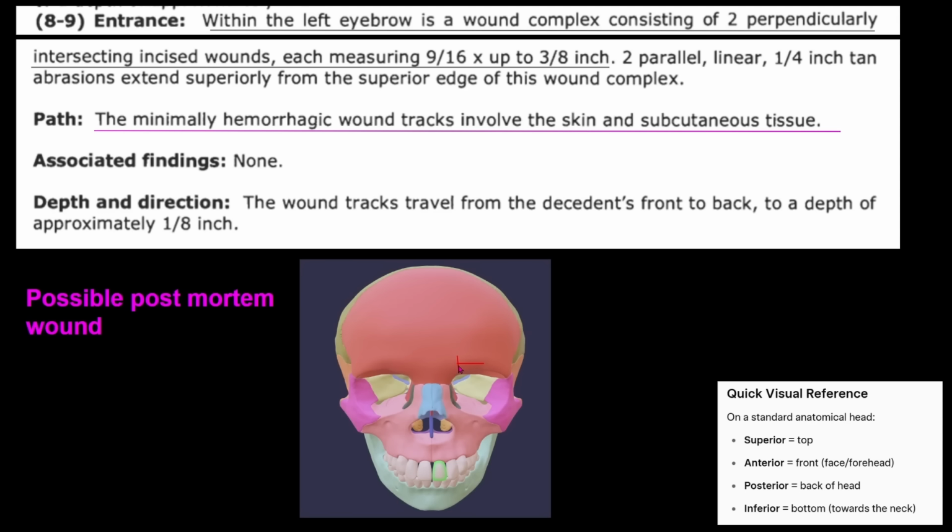So these are likely post-mortem wounds. It says incise wound. Doesn't say they're superficial, so they're actually just little cuts above her eye. And I don't know if they cross like a T or if it's at the end like a T, but these are likely post-mortem. This happened after the fact.